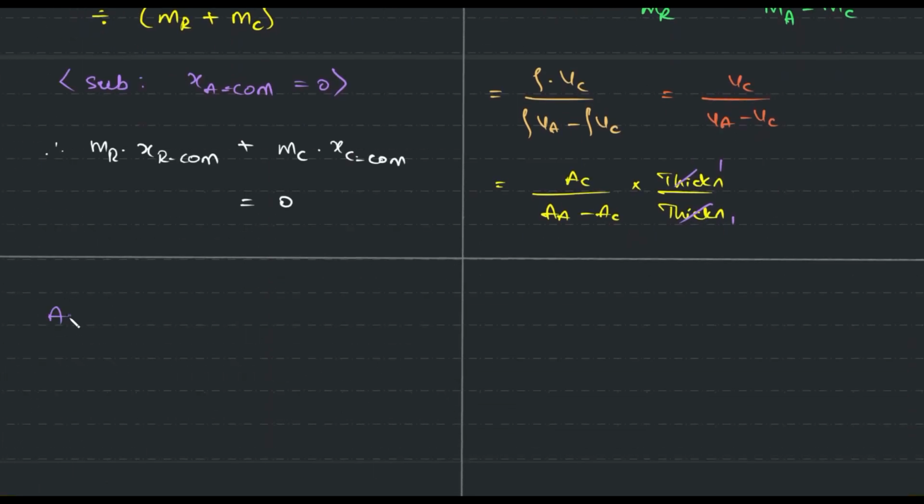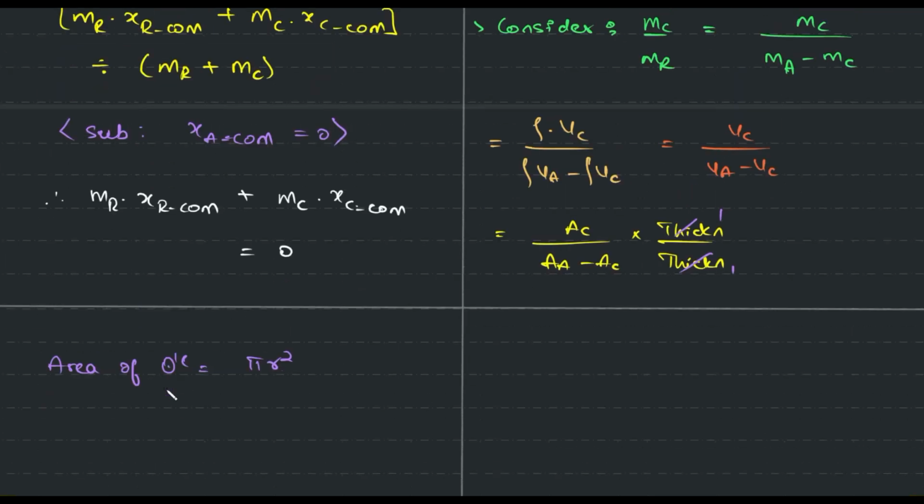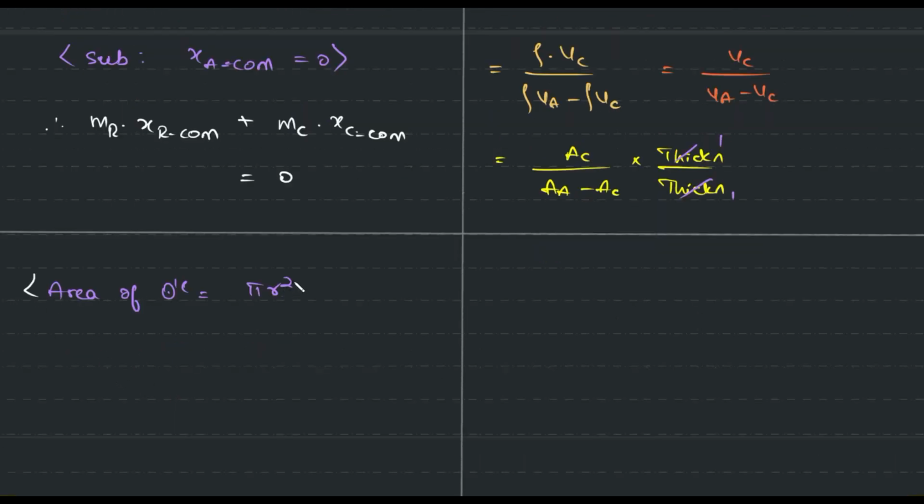Now, this is nothing but area of a circle, which is pi r square. That's a general formula. And therefore, we have the ratio mc by mr will be equal to pi, cutout radius is r, and the whole radius is 2r, square minus pi r square.